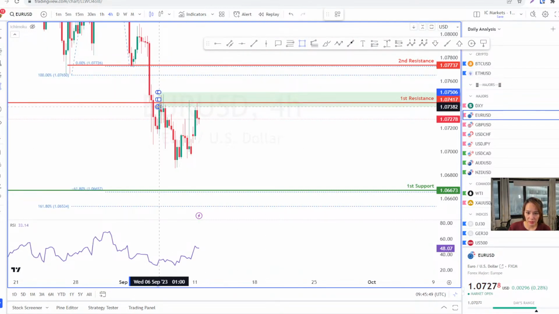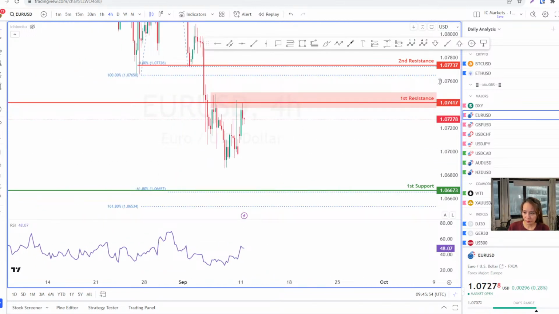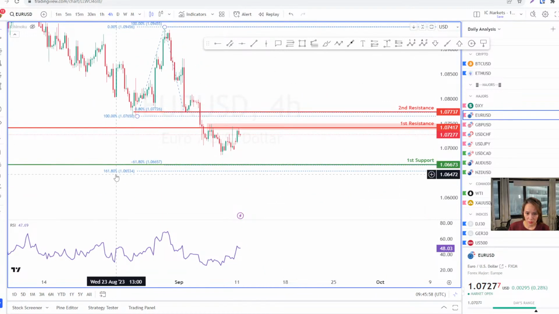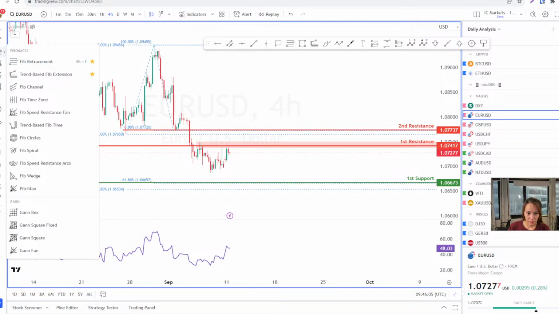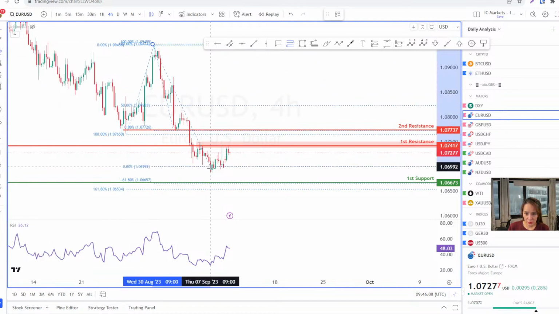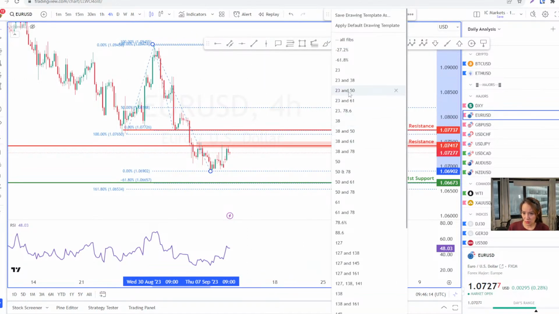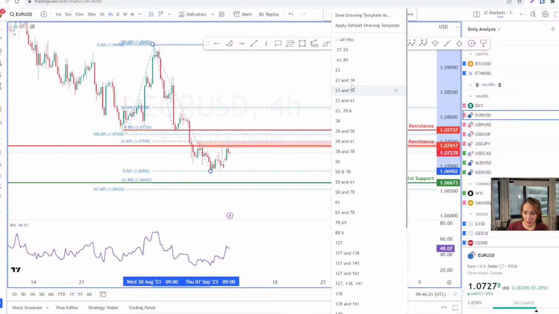Bring it up here. You may highlight from this peak to the body. And if you were to pull a Fibonacci retracement, I think it should be 23 and 50%. 23 and 38.